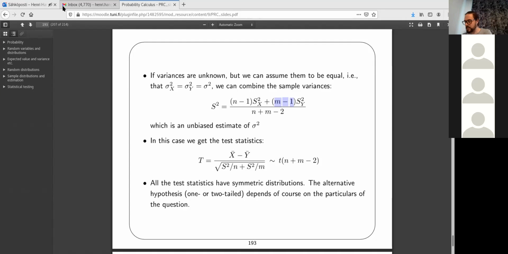So if we look at this S squared in here, it's simply, when we have these, we're basically calculating a similar average here.